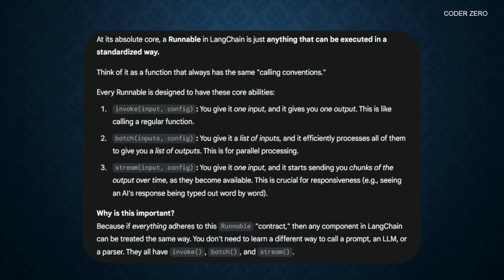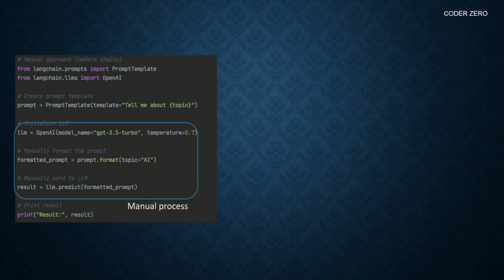Let's take an example to understand runnable. So this is the code where we are saying tell me about a topic. We'll give one topic to this prompt, and it will format the prompt. That means it is creating the prompt using the topic, that is AI here, and then after formatting the prompt, we are using that to do the predict function.